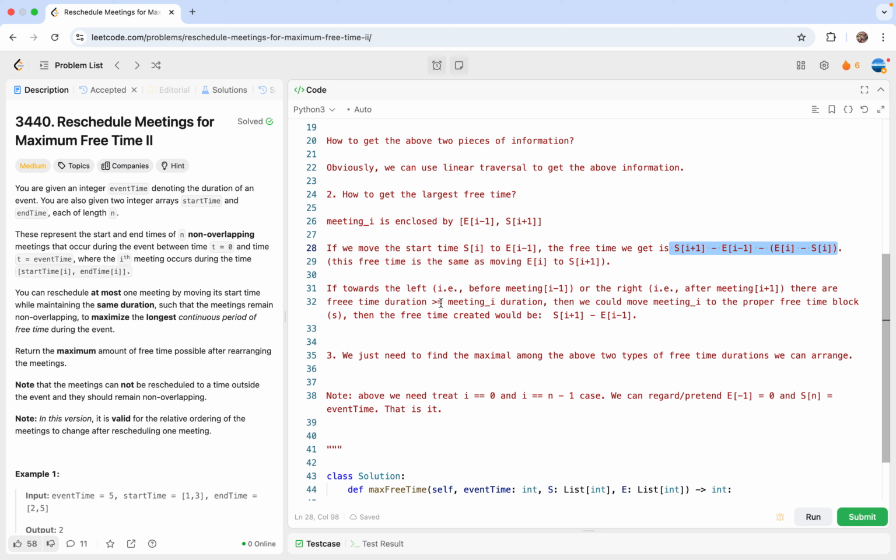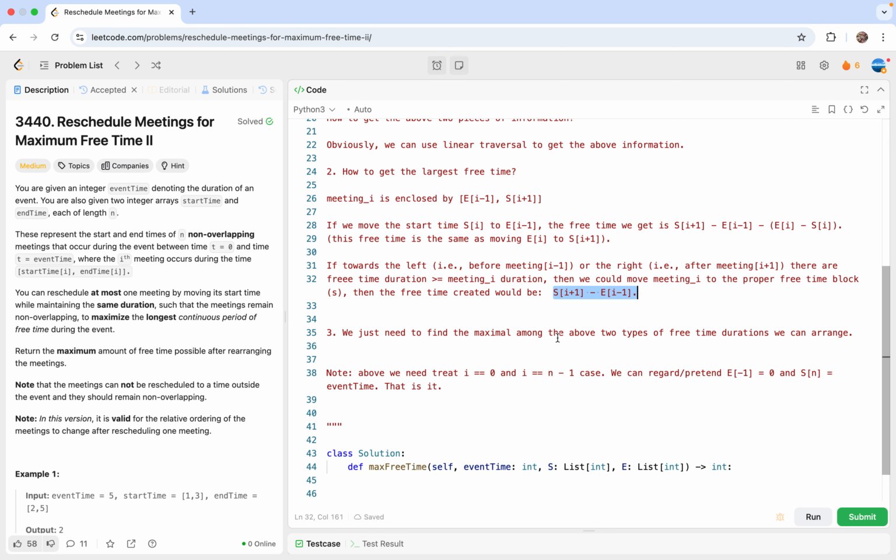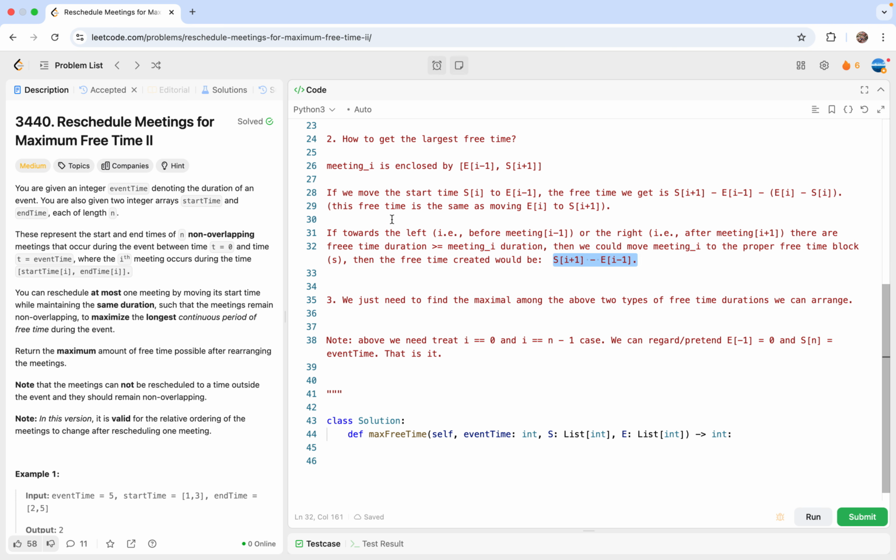If the free time duration is greater than or equal to the meeting duration, then we could move meeting i to left or right where it's proper. Then this block actually is freed. So this is the free time we can get. This is the second point. I guess it basically explains the logic.